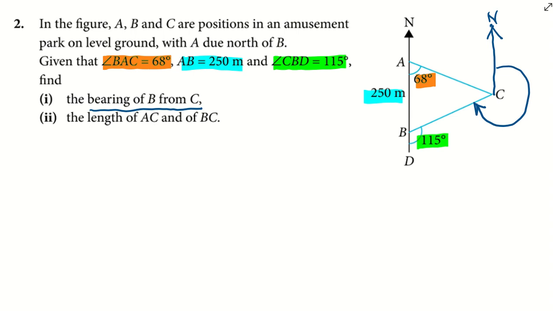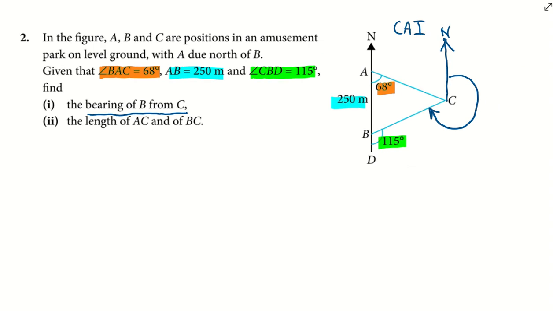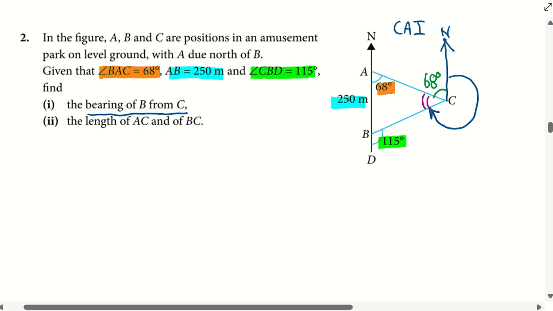Take note as well, all north lines are parallel to each other. With that concept, you can make use of alternate angles. It's pretty obvious to me, since the two north lines are parallel, I can make use of alternate angles. But in order to find the bearing, I will need the angle ACB inside the triangle. In order to do that, I could find the angle ABC first.